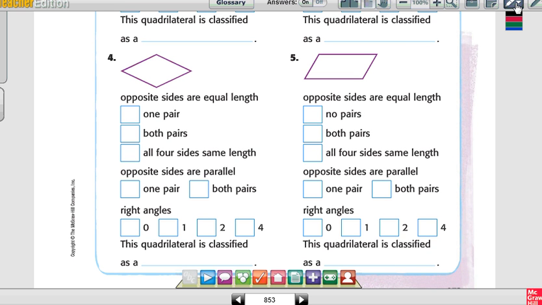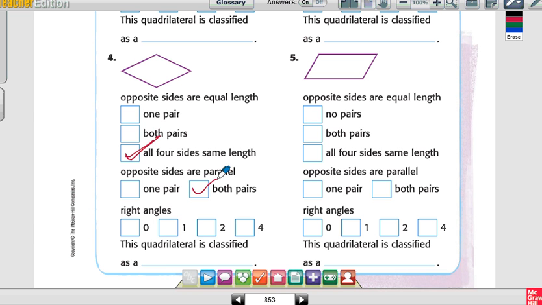Number 4. Opposite sides are equal length. Does it only have 1 pair that are equal length, or are all 4 sides the same length? Yes, all 4 sides are the same length. How many pairs does it have that are parallel?